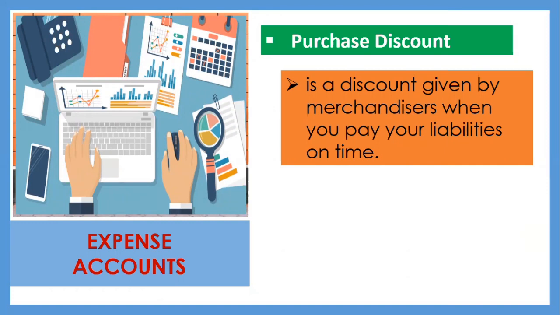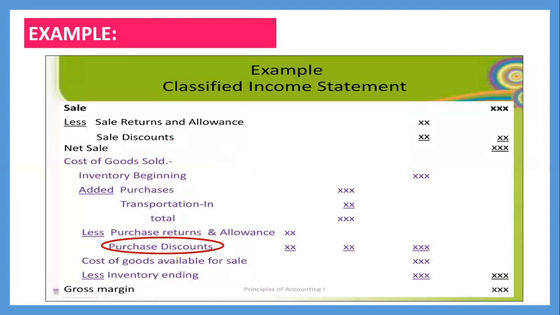This is an example of an income statement, and your purchase discount should appear right after purchases. Since you added purchases to your inventory beginning, the result of that will be deducted by your purchase discount.